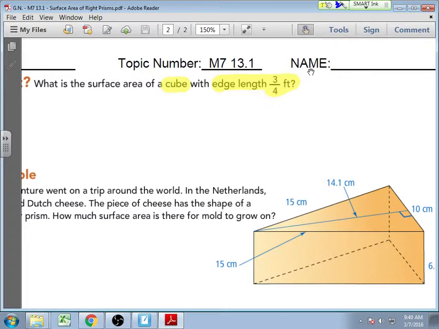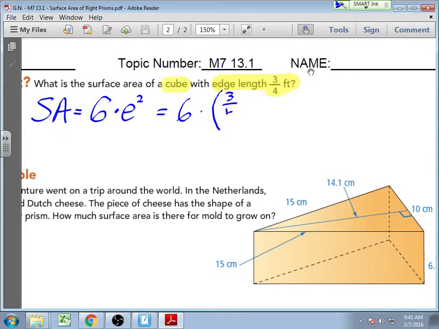Do not use your calculator. So if you have it in your hand, put it down. Surface area of a cube is 6 times that edge length squared. So that edge length squared is 3/4 times 3/4. I'm not going to make it a decimal because a decimal is more annoying.